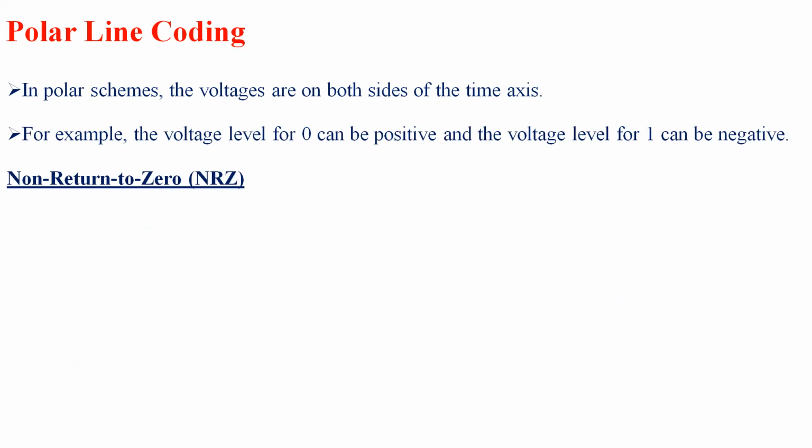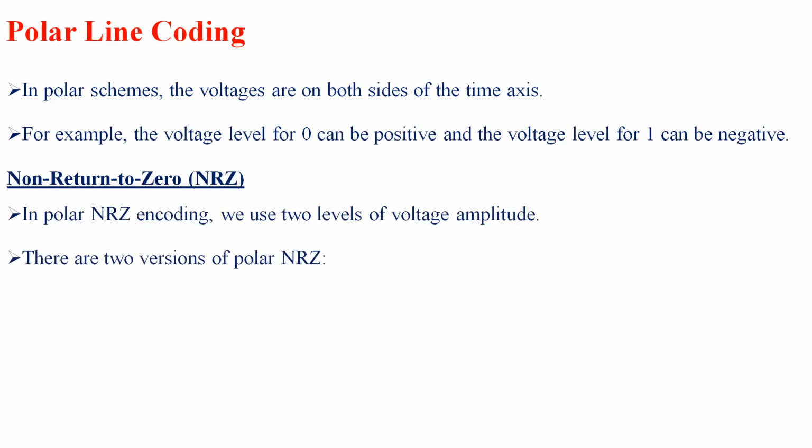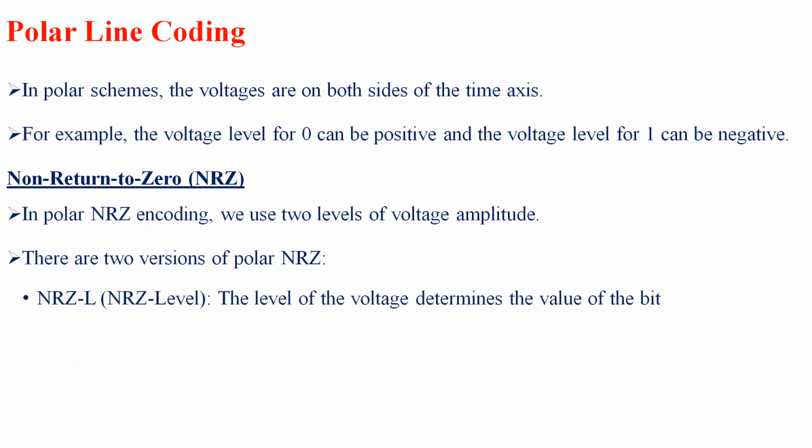Here in polar, we have NRZ, that is non-return to zero voltage. In NRZ encoding, we make use of two different levels of voltage amplitude. To use the two different levels of voltage amplitude, we go with two different versions of polar NRZ, that is NRZ-L, NRZ level.